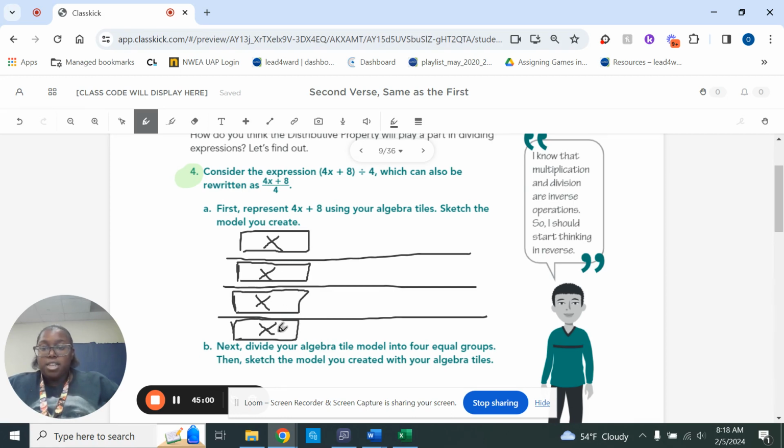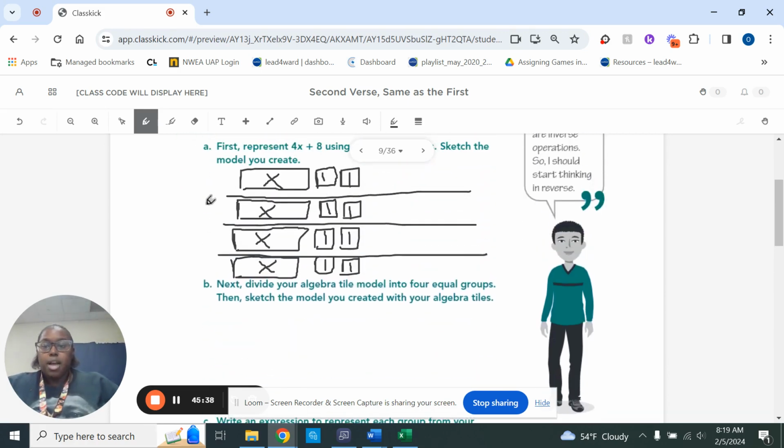So that's an x each, and I have split all my x's into those 4 groups. Next is the 8. So how much am I going to have per group if I have to have 4 groups of this? Well, 1, 2, 3, 4, 5, 6, 7, 8. Looks like I'm going to have 2 each.